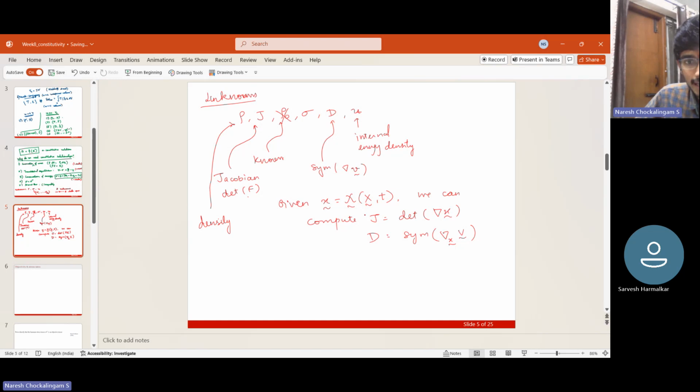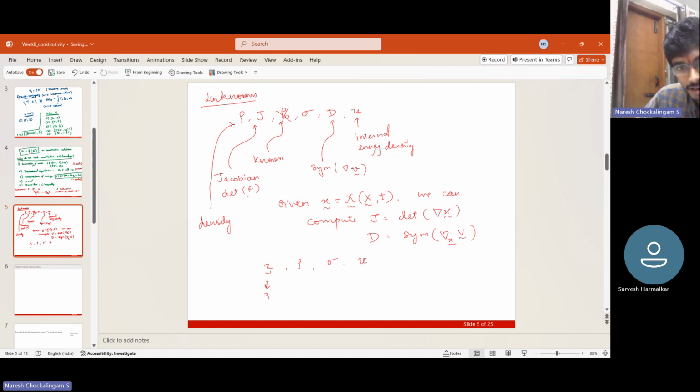So instead of taking J and D as independent unknowns, you can say chi is an unknown. So chi is an unknown, rho is an unknown, it is a field variable, sigma is an unknown, and the internal energy U is an unknown.